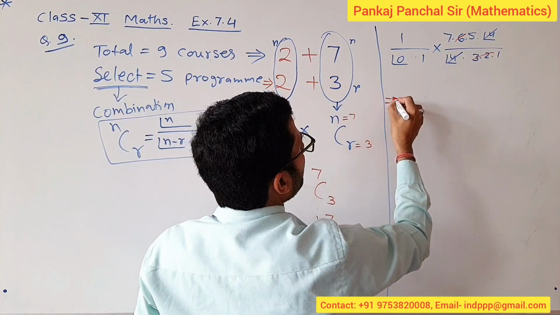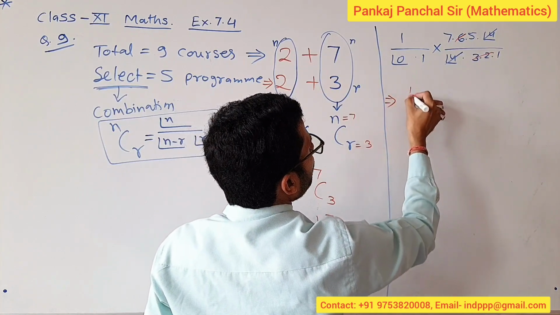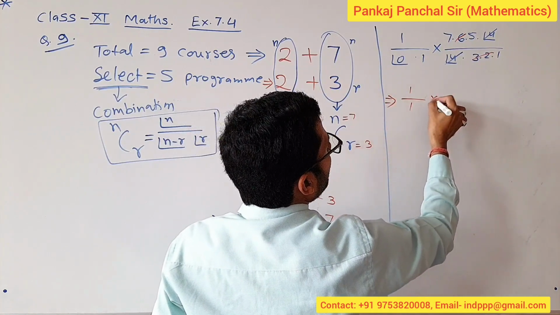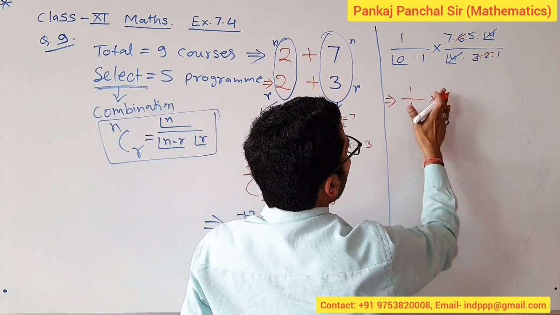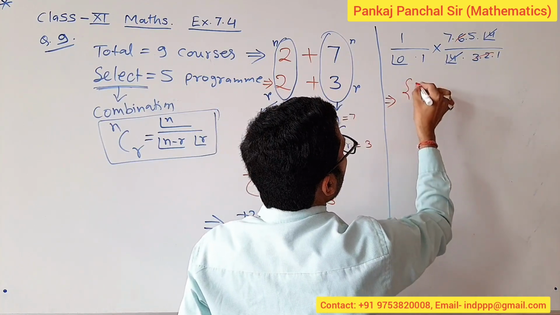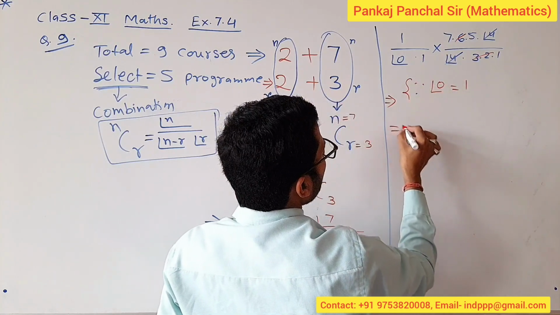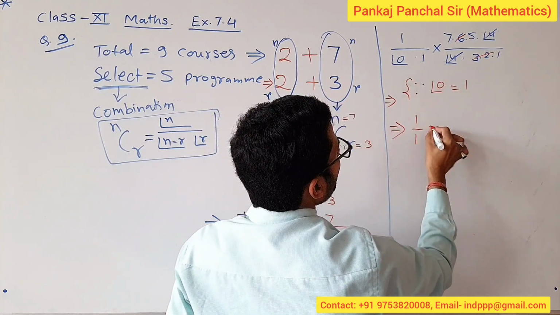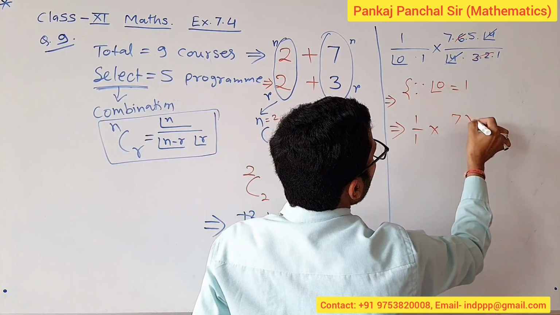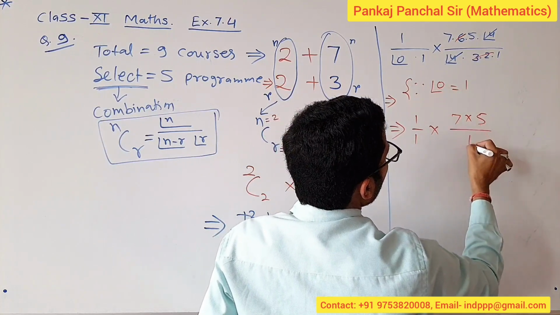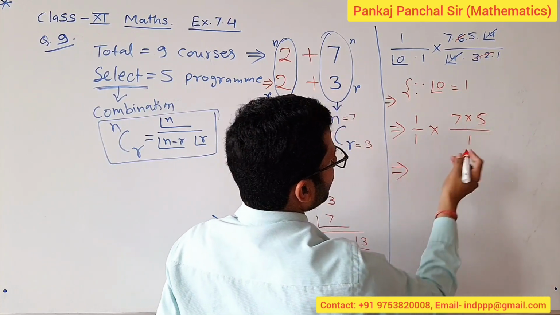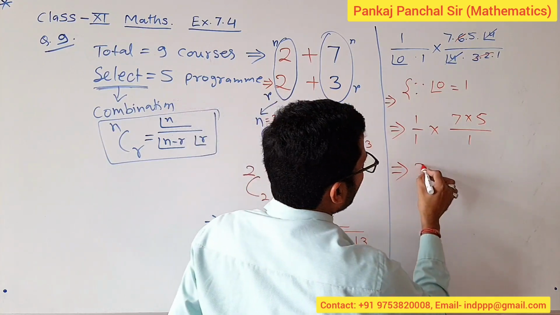Factorial 0 is equal to 1, so you will get 1 upon 1 into 7 into 5 divided by 1. So your final answer will be 7 into 5, 35 ways.